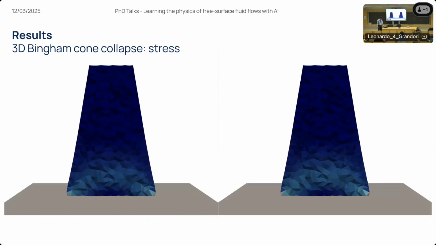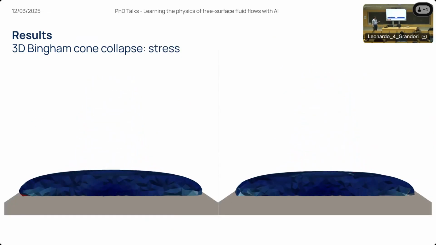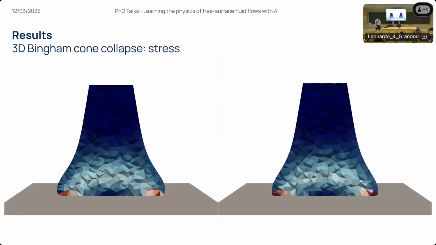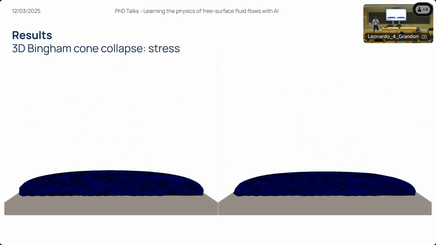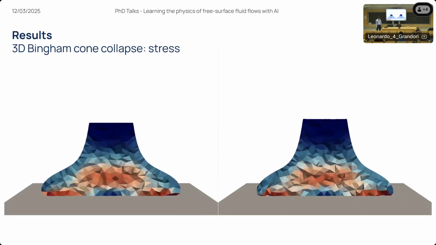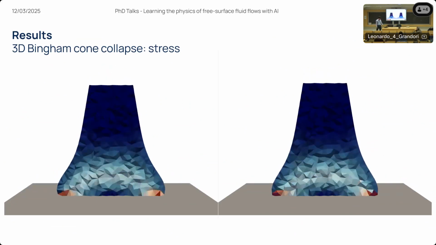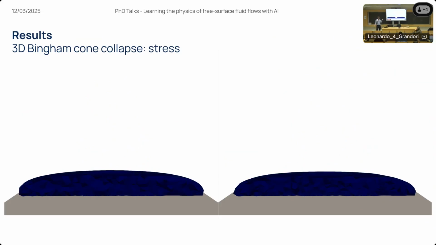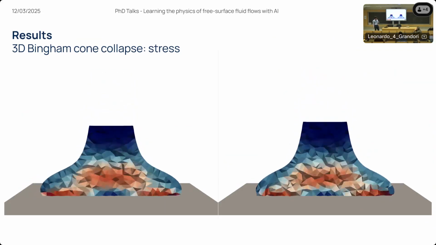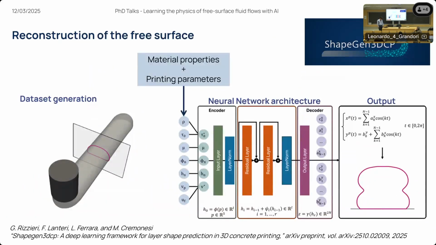And also in this case, we are able to reconstruct internal stresses from the solution fields. In all these examples that I showed, I purposely didn't indicate what is the reference and what is the reconstruction, because you can bet on it.